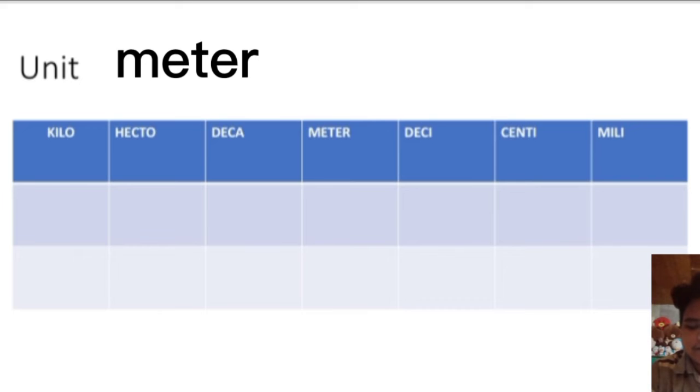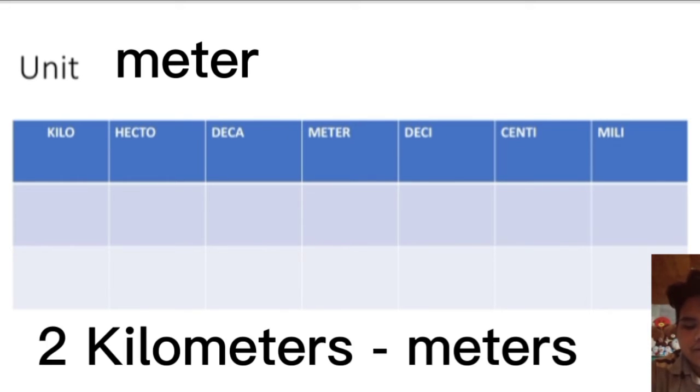So for our first example, we have kilometer to meter. We will convert kilometers into meter. So we have 2 kilometers. We convert it into meter. So we put the number 2 in the kilometer, then zeros until we reach meter.